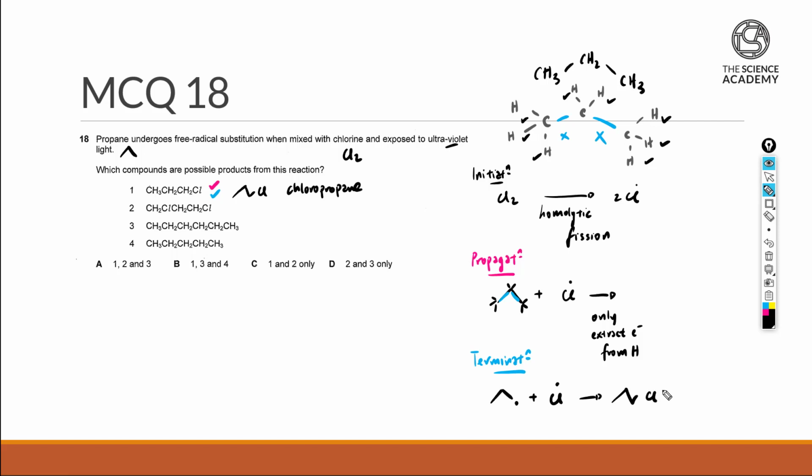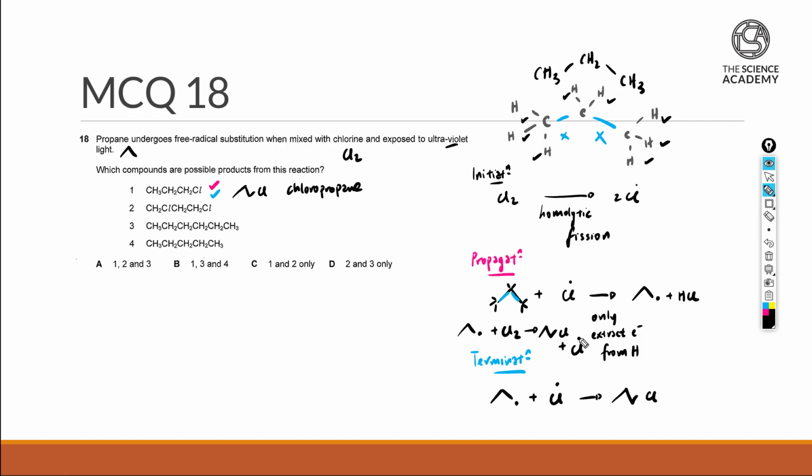And just to reiterate, in your propagation step, you need 2 steps in order to get your chloropropane. The first one will be extracting a hydrogen to form HCl, and then we use our propyl radical to extract a chlorine from a regular Cl2, and from here we will get chloropropane, but also the regeneration of a chlorine free radical. So definitely option number 1, we can get it.